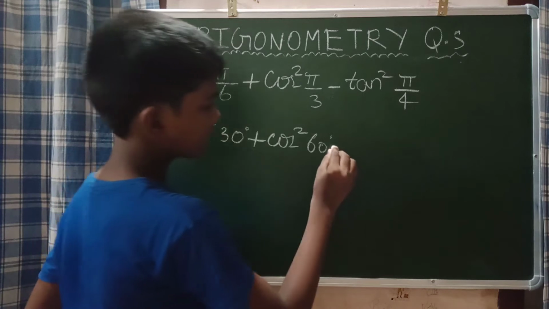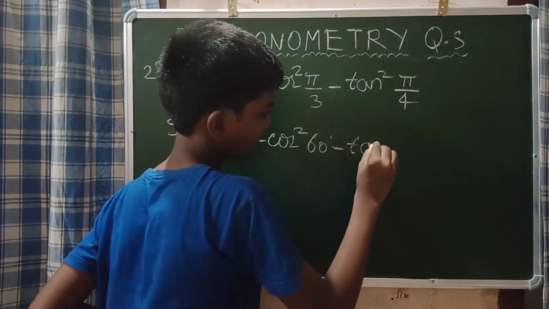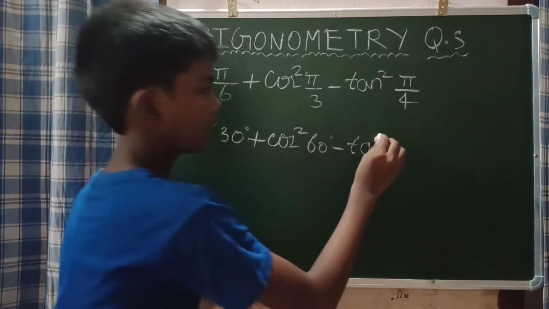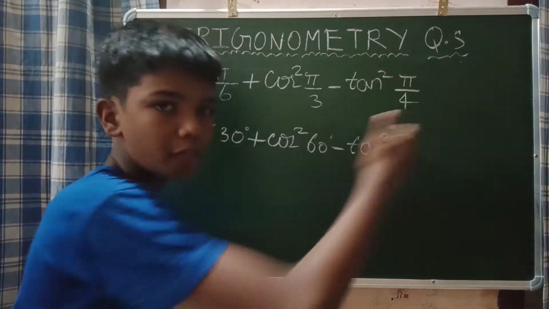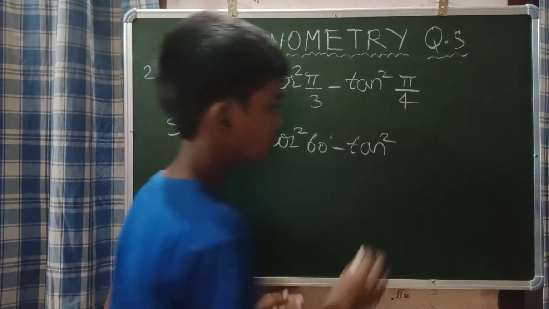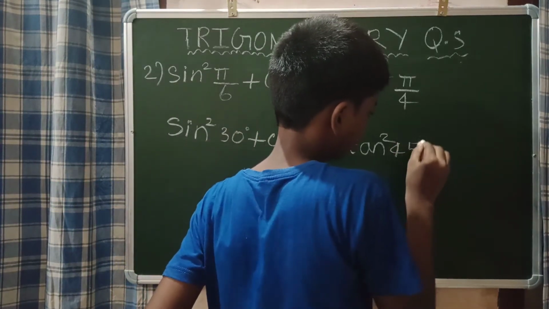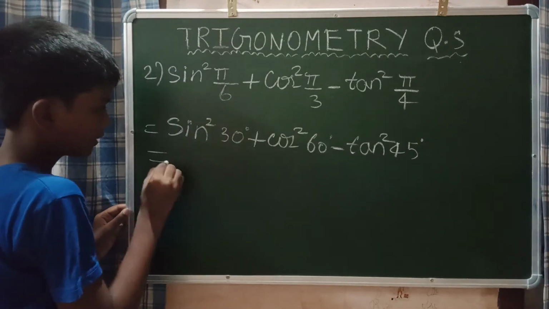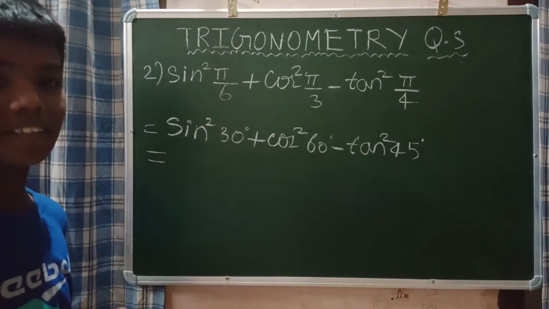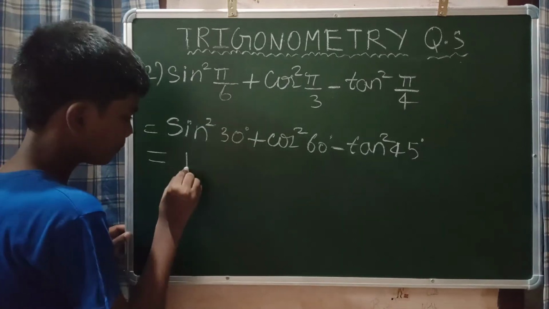Now minus tan square pi by 4. Pi means 180 degree, and 180 divided by 4 is 45 degree. Now it is more simple, as we know that the value of sine 30 is 1 by 2.